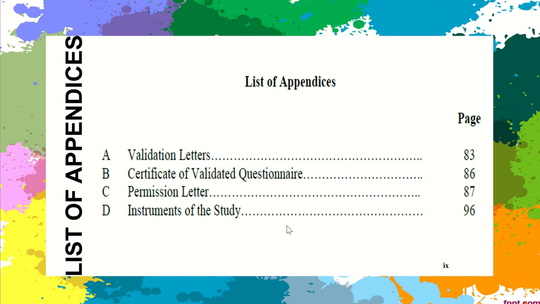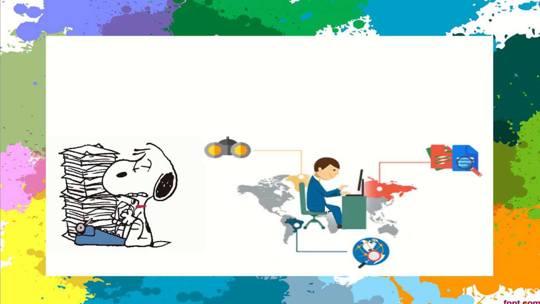Instruments of the study, if you need to have a copy of your instrument, so you have to also include that. So kung ano lang yung meron kayo, again, yun lang yung mga ilalagay nyo for your appendices.